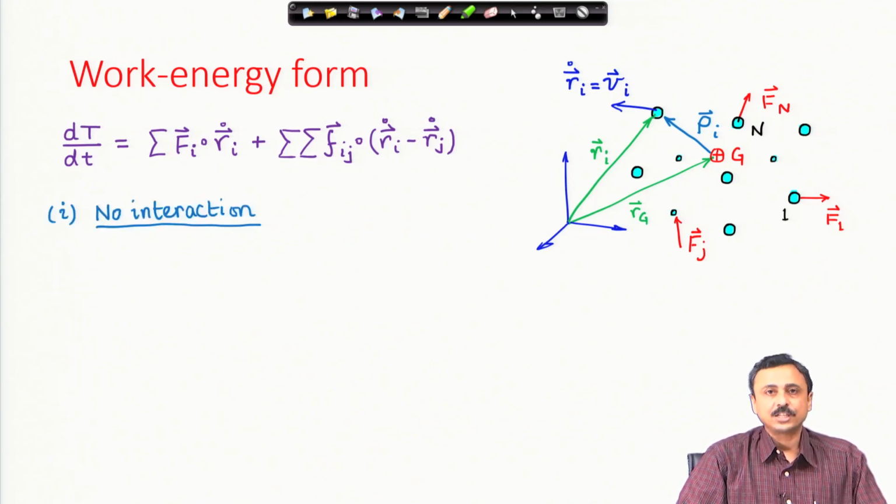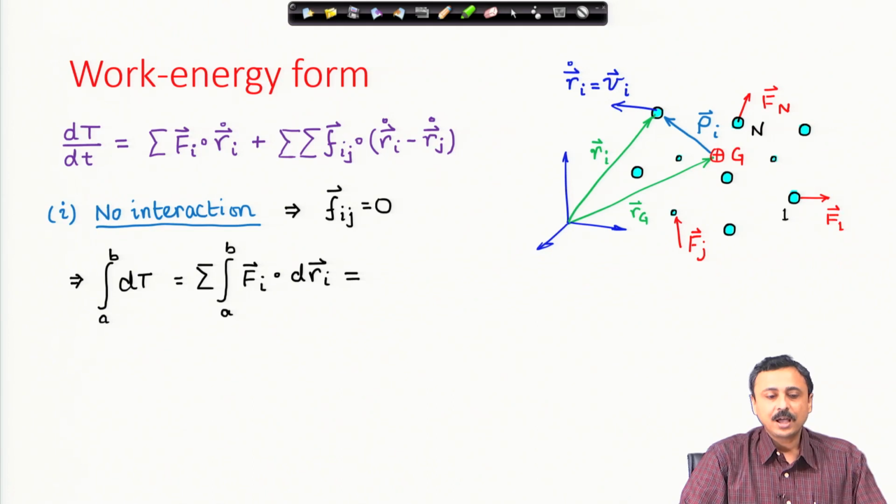Suppose there is no interaction between the particles. These are free particles moving freely, not interacting, so there is no force of interaction. Therefore, F_ij are all 0. In that case, the double summation, which is the second term on the right hand side, drops off, and what we are left with, I can integrate over time.